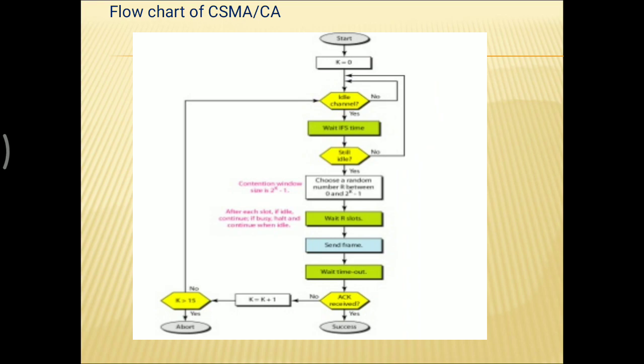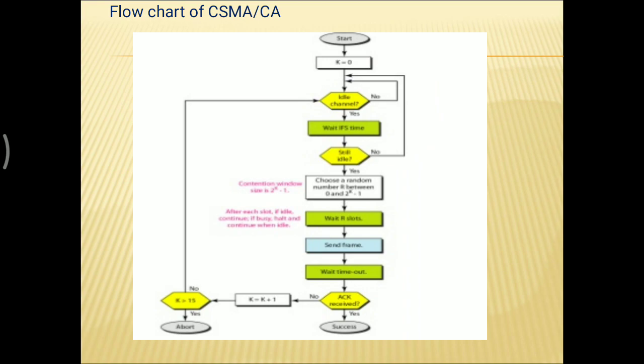The contention window is nothing but the defining of R slots. R slots are the time period slots, and their number depends upon the size, which is based on 2 power k minus 1.